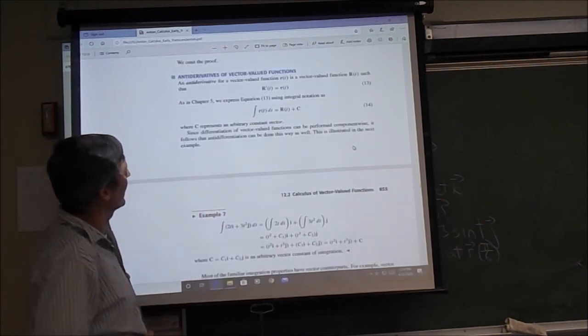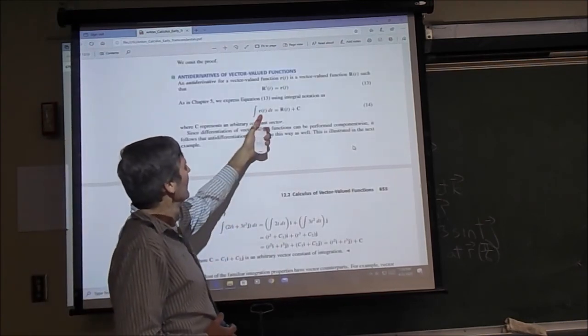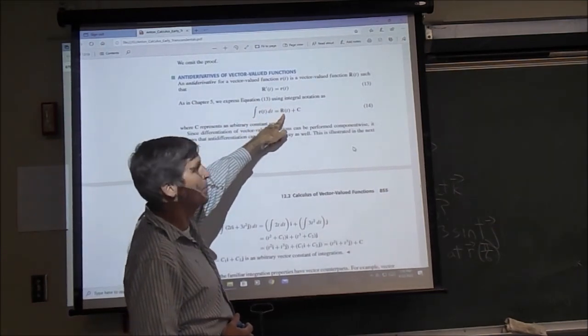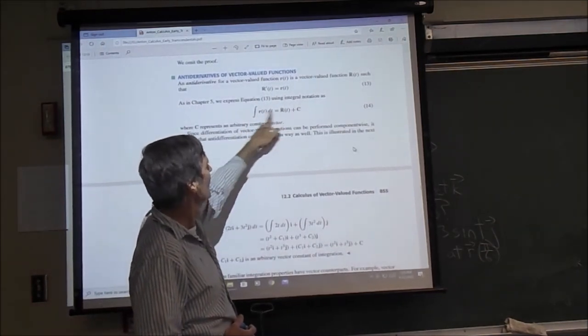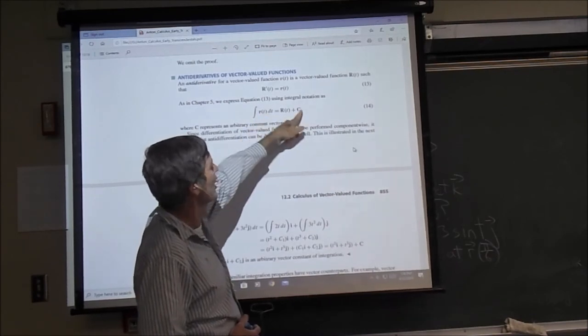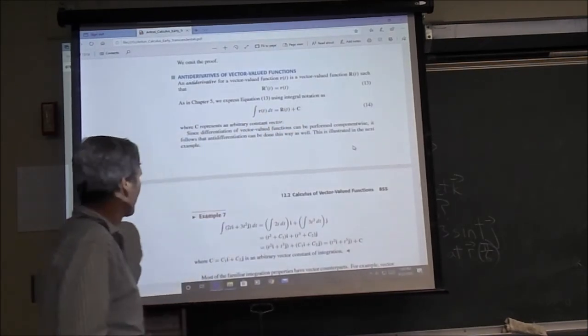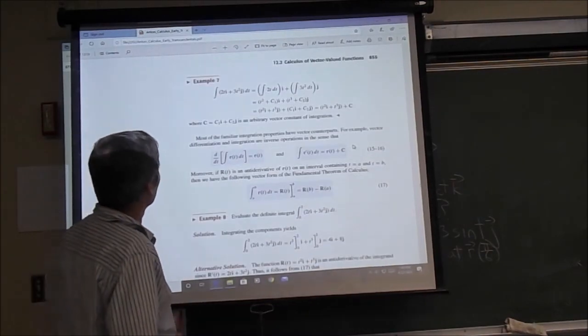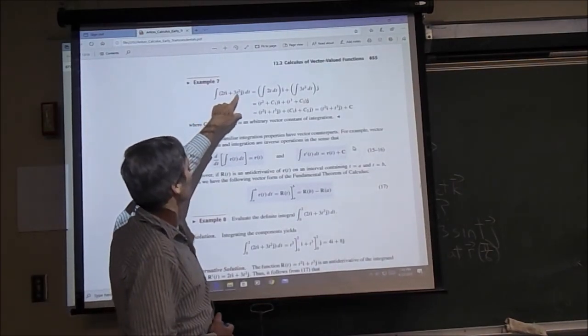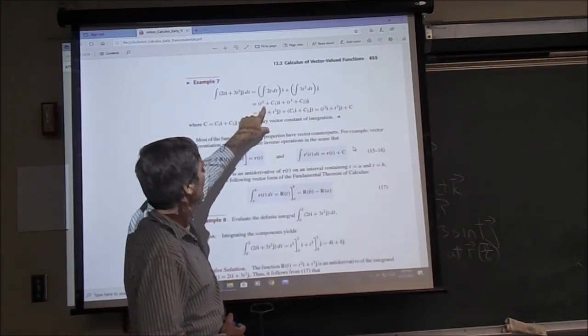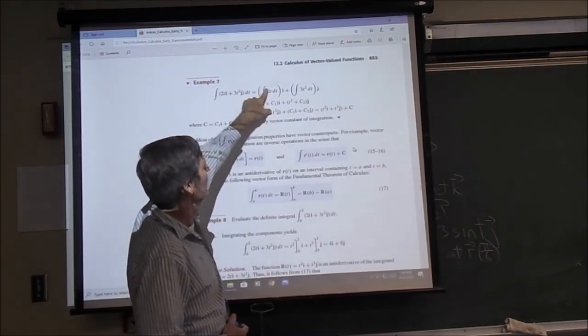And you can do antiderivatives. The antiderivative of a vector valued function is the component by component antiderivatives of r plus an arbitrary constant vector. So the constant becomes a constant vector. And here's an example they put in here: integrate 2t i plus 3t squared j. It's absolutely straightforward. Just integrate 2t and get t squared plus an arbitrary constant in this one.